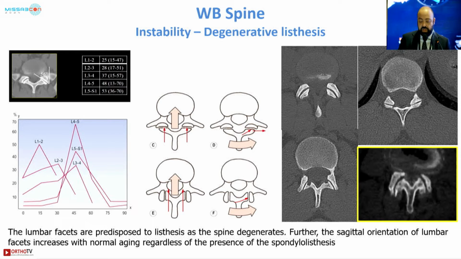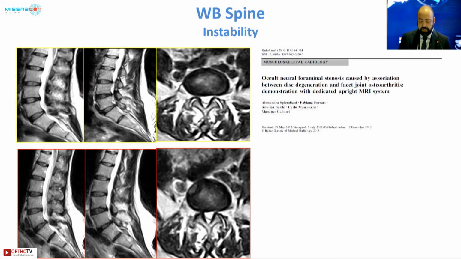In instability, the degenerative status of the lumbar facet joints is very important, because we know that with degenerative changes, lumbar facets are prone to sagittalization and fail to restrain the anteroposterior movement under load. This is what is depicted in the upright position, compared with the standard examination, with fluid distension of the capsule as an indirect sign of instability, and in the upright position the subluxation with anterolisthesis.